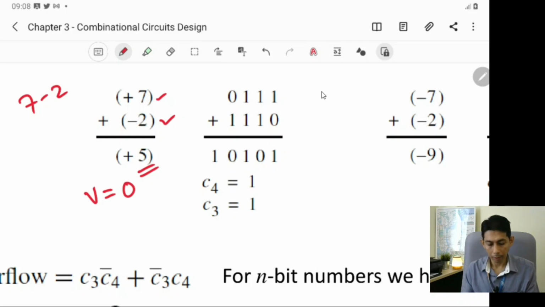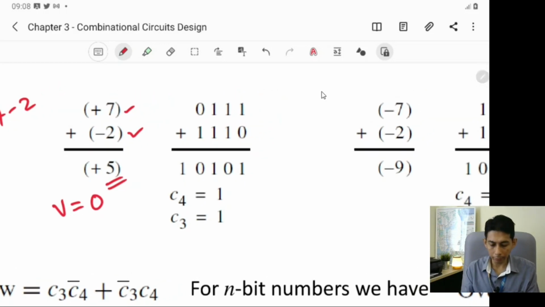So let's observe here. 1 plus 0, you have 1, carry is 0. 1 plus 1 plus 0, you have 0, and your carry is 1. 1 plus 1 plus 1, you have 1, your carry is 1.